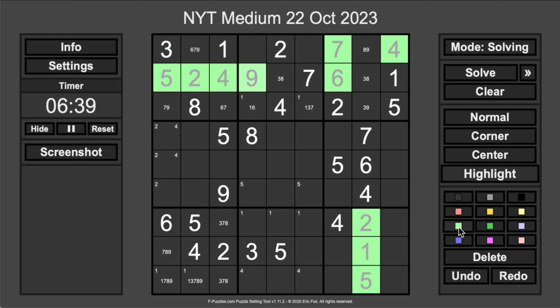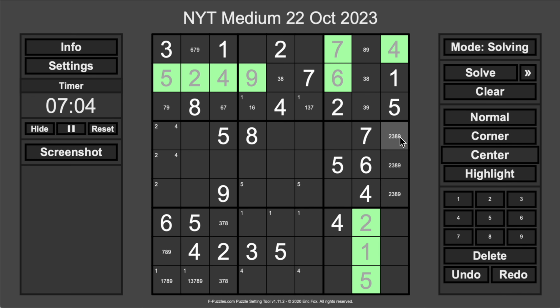Okay, I might look at the right third of the grid. In box 6, I need 1, 2, 8, and 9. No, I need 1, 2, 3, 8, and 9. And these are not 1.